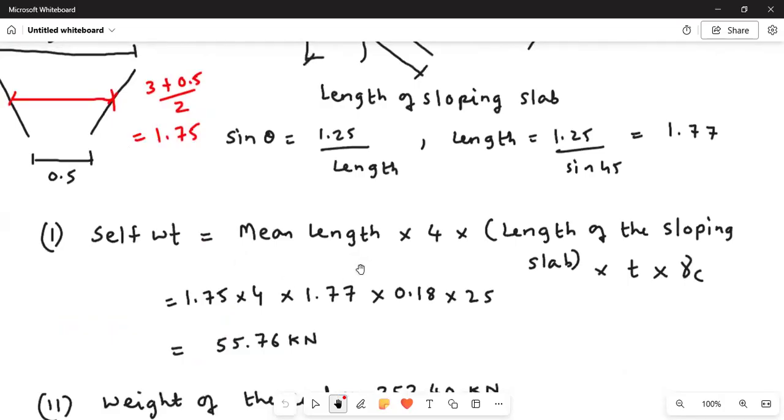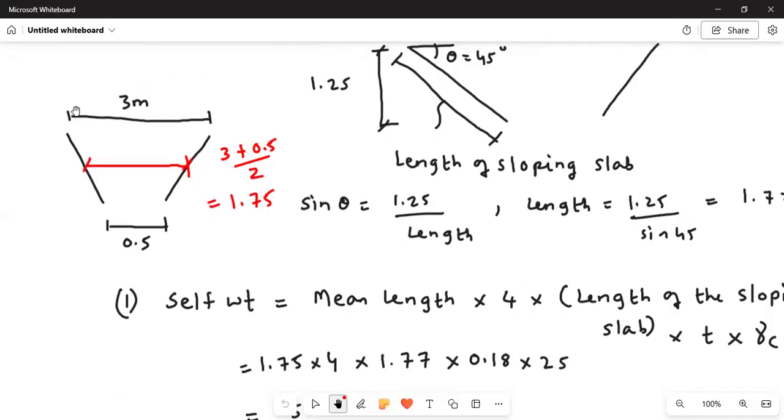Self weight equals mean length into 4, because we have 4 sloping slabs, into length of the sloping slab into thickness. Here we have assumed thickness as 180 mm, and into density of the concrete. Mean length: 3 meter is at the top and 0.5 meter is at the bottom.